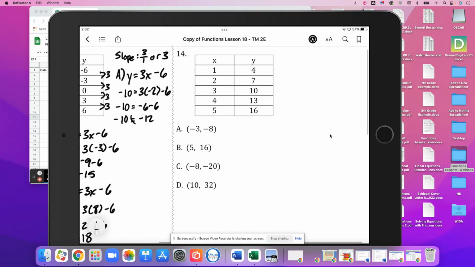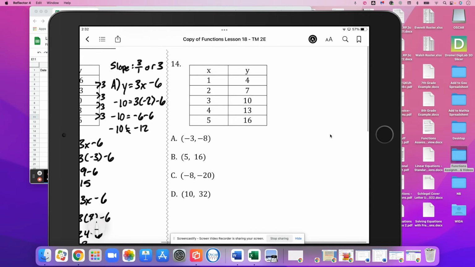So 14, we have an increase of 3 on the right side, an increase of 1 on the left side. So our slope, 3 over 1, or 3.